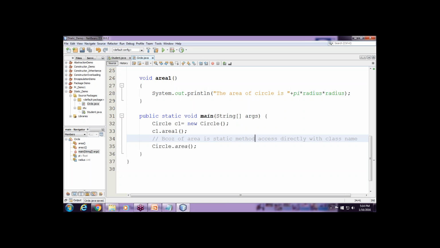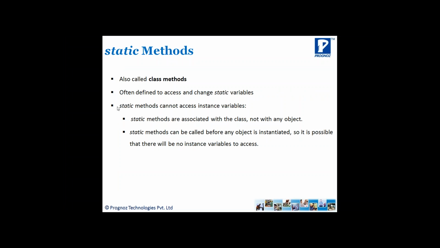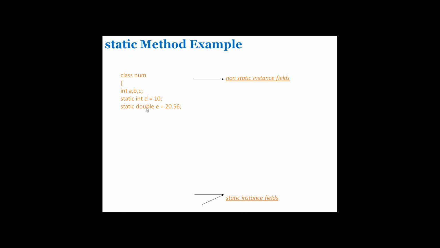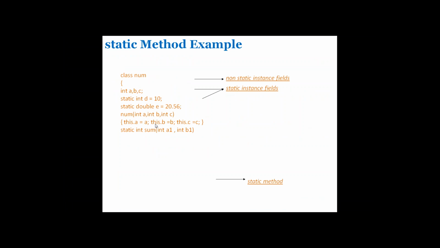Fine. Same as the variable, we access it with the class, not with any object. It can be called before any object is instantiated, so it is possible that there will be no instance variable to access. Static method example: static fields, non-static fields.